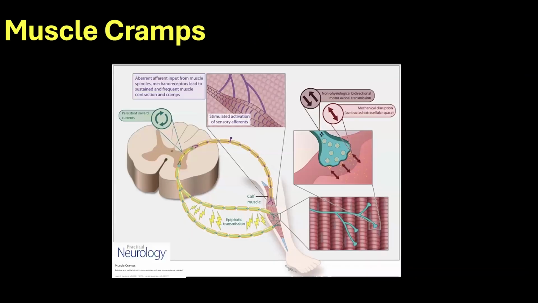Cramps are very similar in a way to the loss of sensation that we were talking about a few slides ago. The peripheral nerves start to degenerate over time. We're going to start at the bottom right with the turquoise nerve and the red tubes. These red tubes are muscles. The turquoise branches are the peripheral nerve.